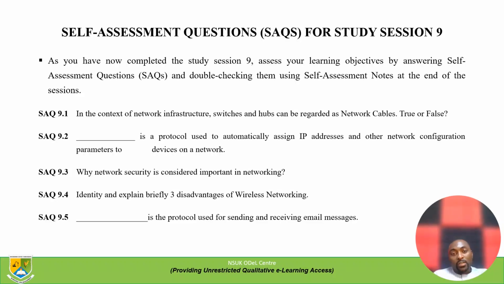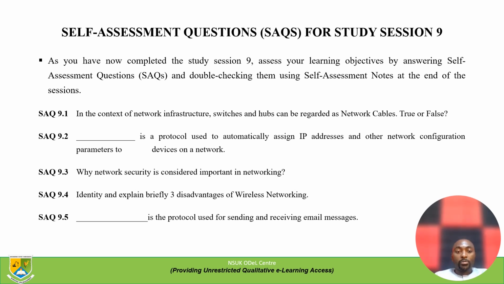Self-assessment questions for study session 9. SAQ 9.1. In the context of network infrastructure, switches and hubs can be regarded as network cables, true or false. SAQ 9.2. Dash is a protocol used to automatically assign IP addresses and other network configuration parameters to devices on a network.